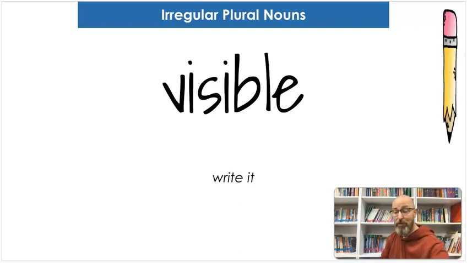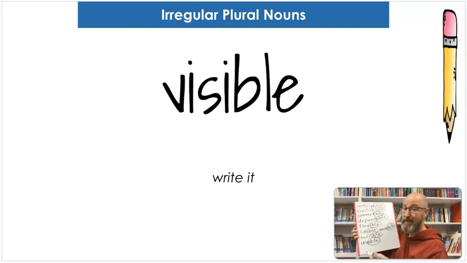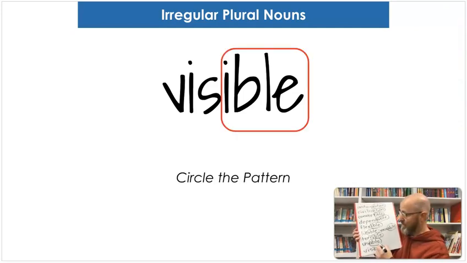If something is visible, it means you can see it. It's not invisible. I guess that prefix in means not. Visible. V-I-S-I-B-L-E. And what is the Latin suffix? I-B-L-E, that's right. I'm running out of space on my paper.